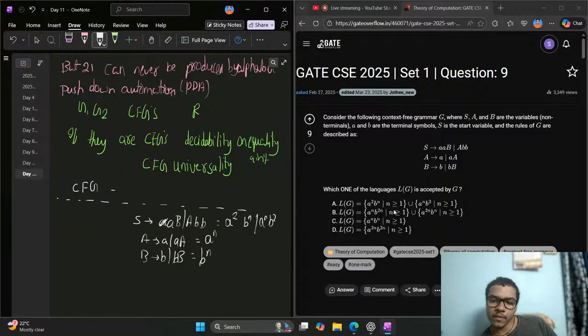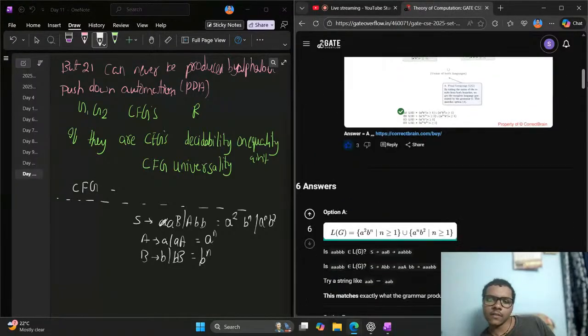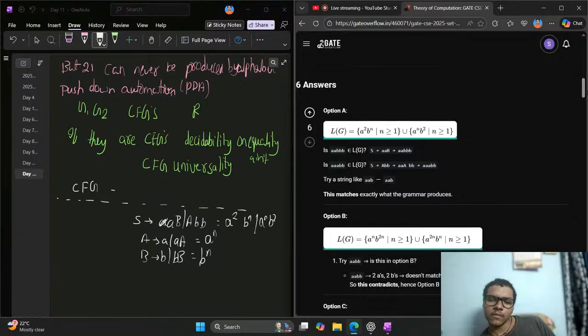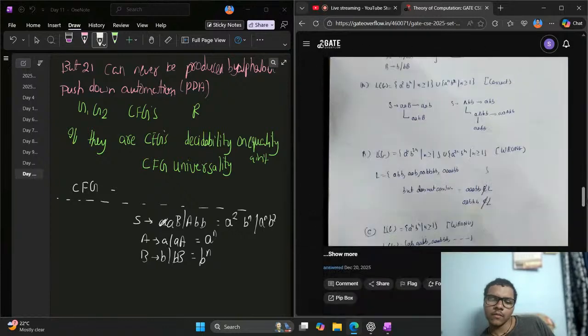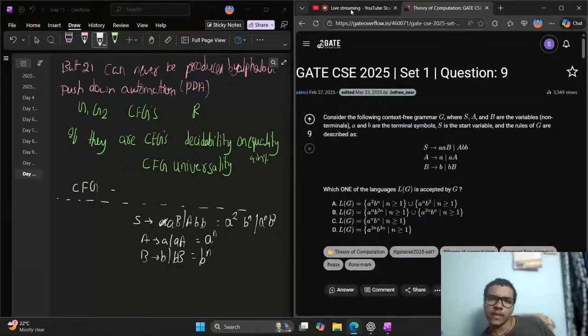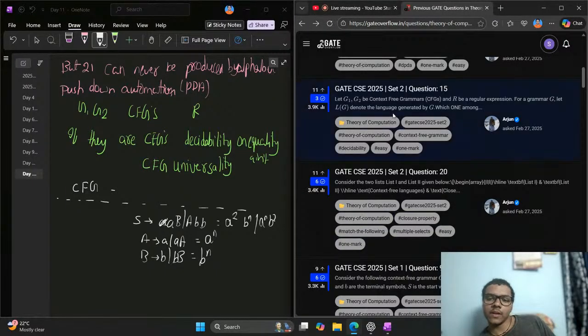So a squared b power n, a power n b squared, that will be accepted. a power n, no. a power n b power n, no. You can just get this derivation. A is your answer. Yeah, it is an easy one.